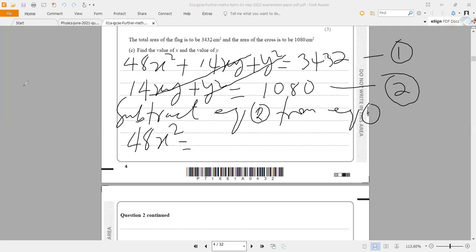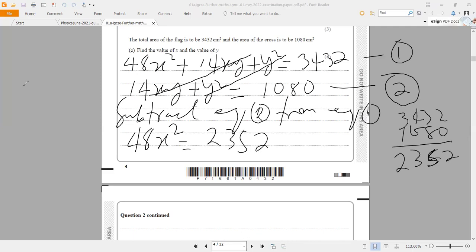When we subtract, we have 3432 minus 1080, we have 2352. So x squared equals 2352 over 48.